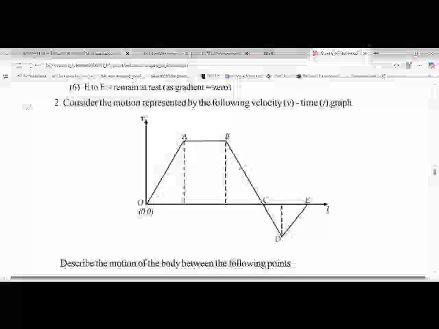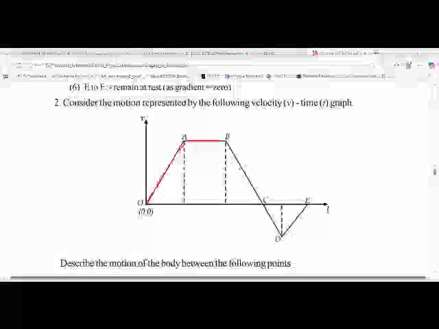Here is a velocity time graph. Don't mix up the velocity time graph and the displacement time graph. Focus your attention on this y-axis. It is a velocity time graph. If it is a velocity time graph, this part represents acceleration.